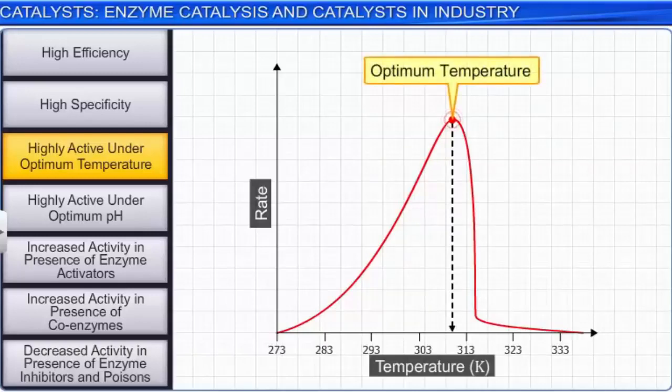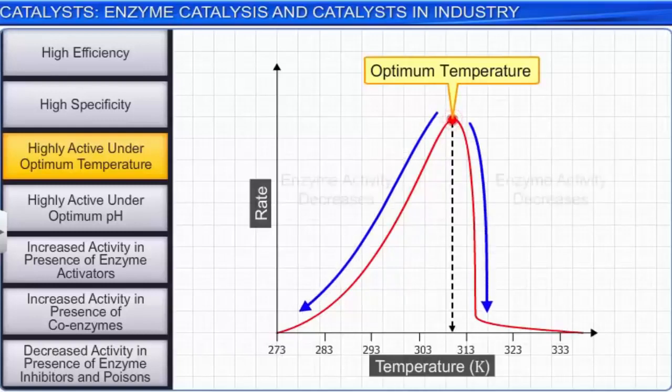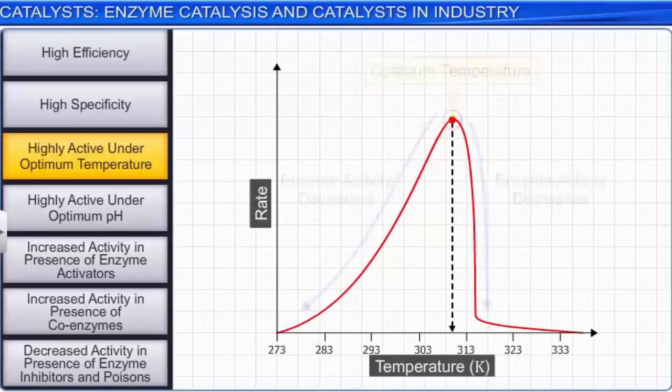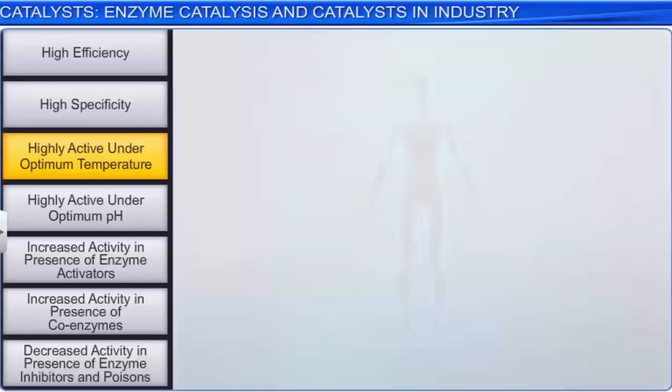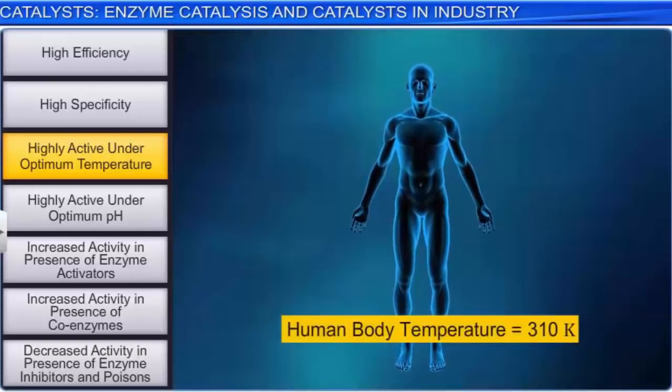On either side of the optimum temperature curve, enzyme activity decreases. The optimum temperature range for enzymatic activity is 298 Kelvin to 310 Kelvin. The temperature of the human body, 310 Kelvin, is suitable for enzyme-catalyzed reactions.